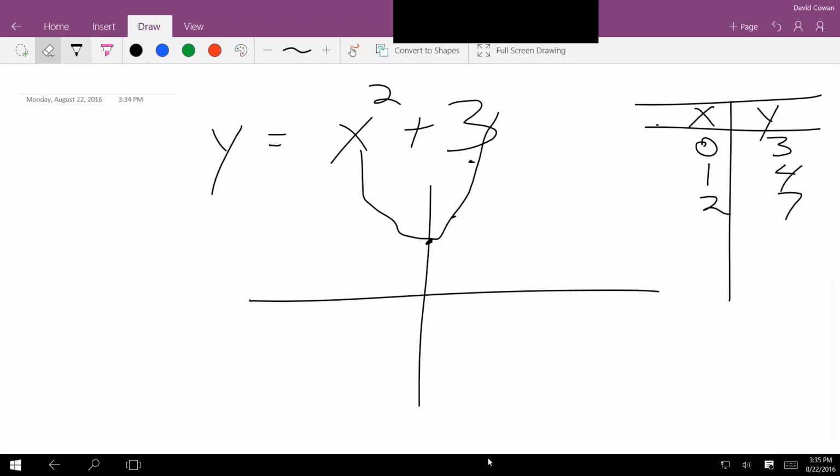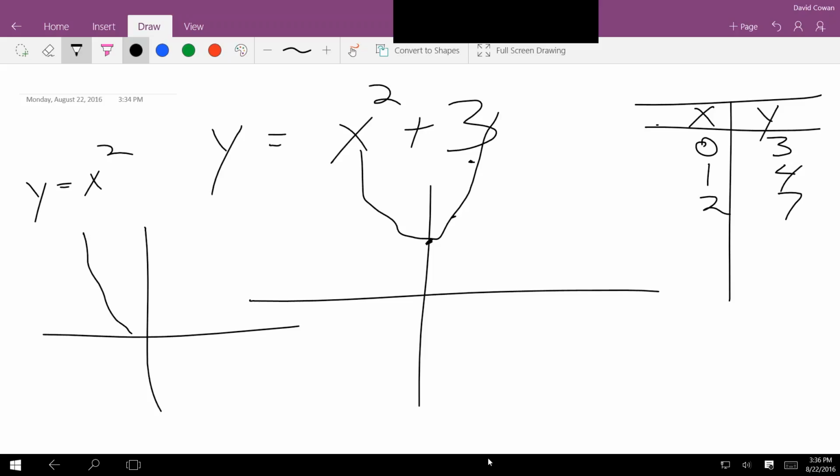And in this case, it turns up because of the sign that's in front of the x squared term. In other words, if it's a plus sign, it opens up. If it's a minus sign, it turns down. And if I were to say y equals x squared, it would look like that.